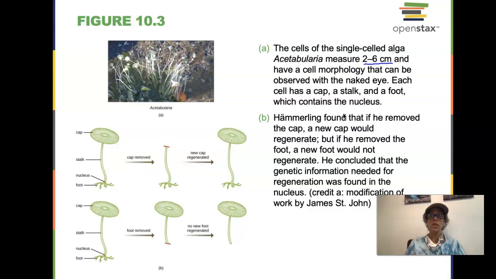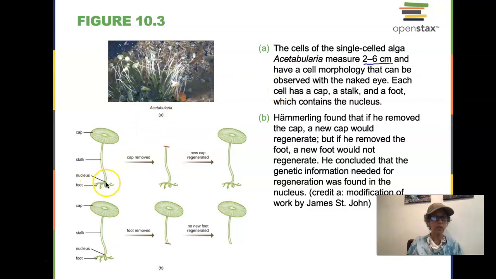We knew the chemical composition of DNA long before scientists knew that DNA was the genetic material. So, some early experiments. This is looking at a single-celled algae, 2 to 6 centimeters in length, and we can actually see that without a microscope.